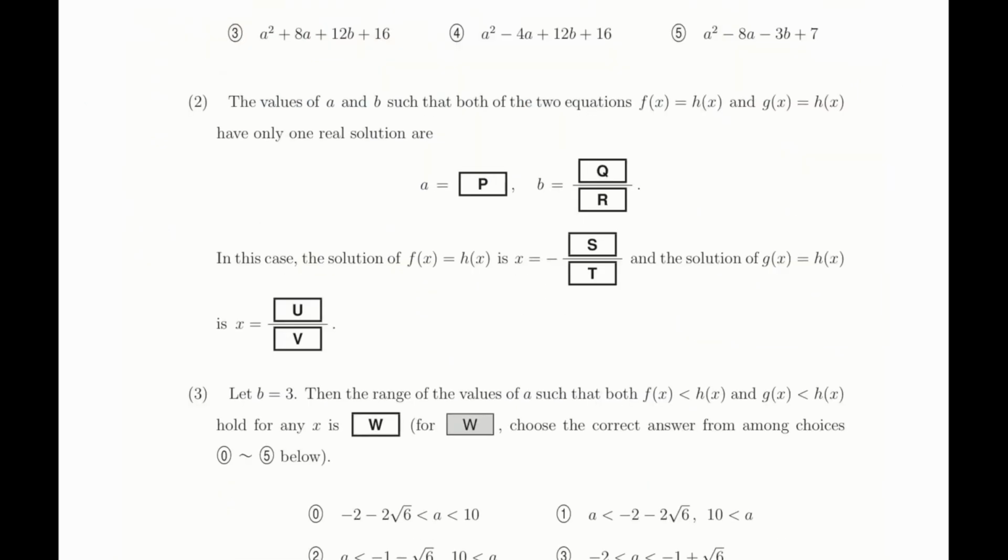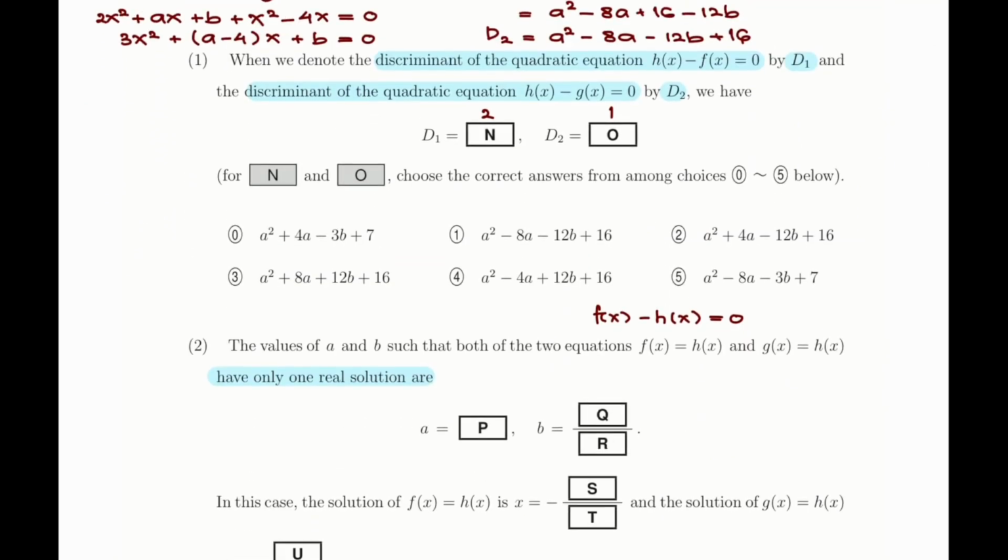And then the next question: the values of a and b such that both the equations f of x equals h of x and g of x equals h of x have only one real solution are blah blah blah. You can see here f of x equals h of x. Of course, I can write it as f of x minus h of x equals 0. If you notice, we already found the discriminant of h minus f equals 0.